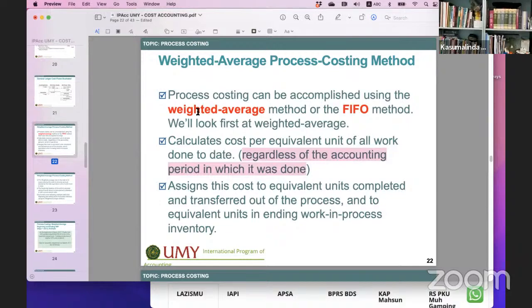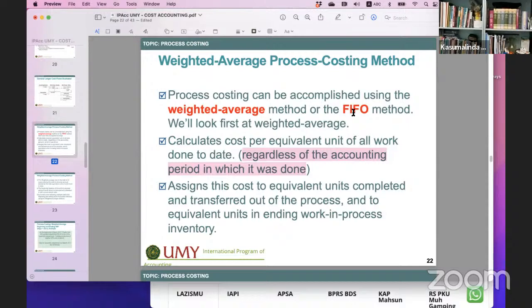All work done to date means the work brought forward from the beginning work in process and the work which is started during the month. They will calculate the cost per equivalent unit for both.